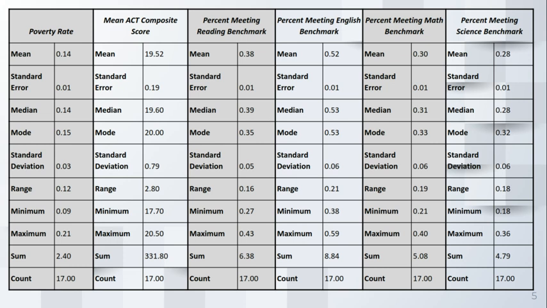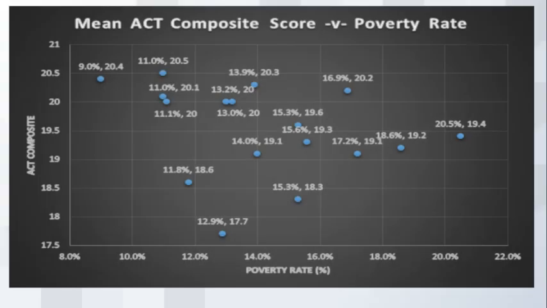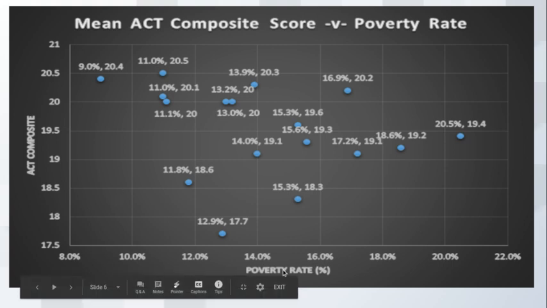But more importantly, I think for this is going to be looking at the other part of the data, which is the inferential part of the data. I didn't do this for all the comparisons, but I just wanted to show a scatter plot of the mean ACT composite and the poverty rate. On the bottom, you can see the poverty rate in percentage and the ACT composite score there.